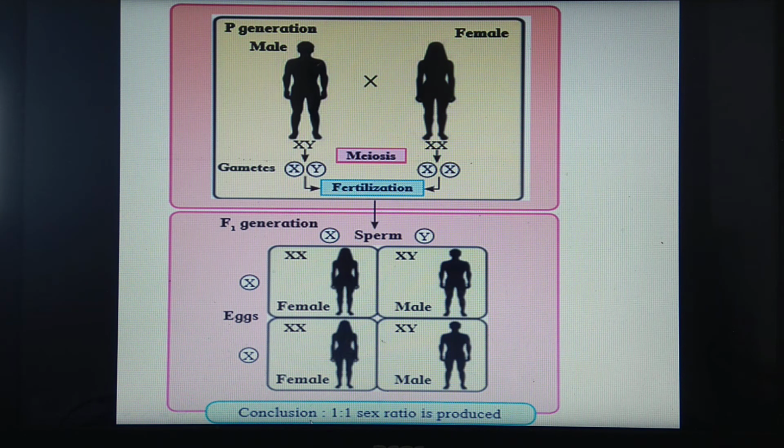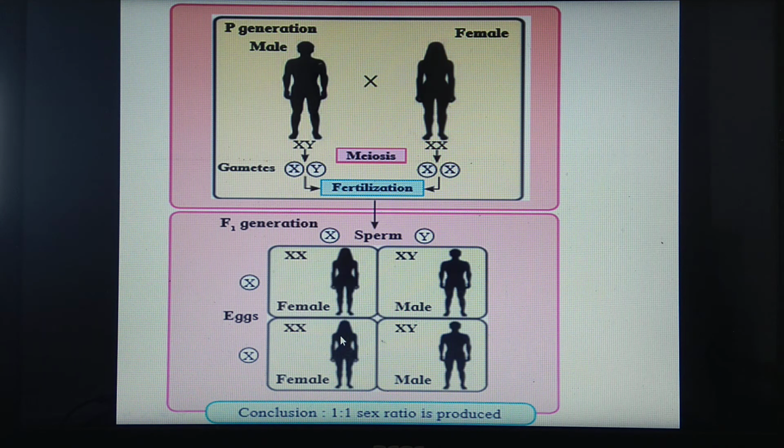So what is the conclusion? Your ratio is 1:1. So 50% chances of development of female child and 50% chances of development of male child is there. Okay, so this is about determination of sex in case of human beings. So what can we conclude from that?